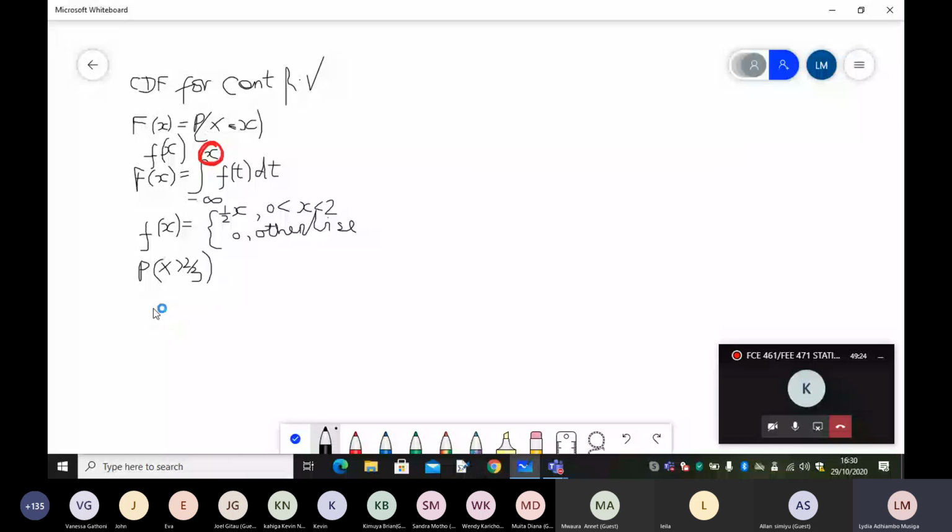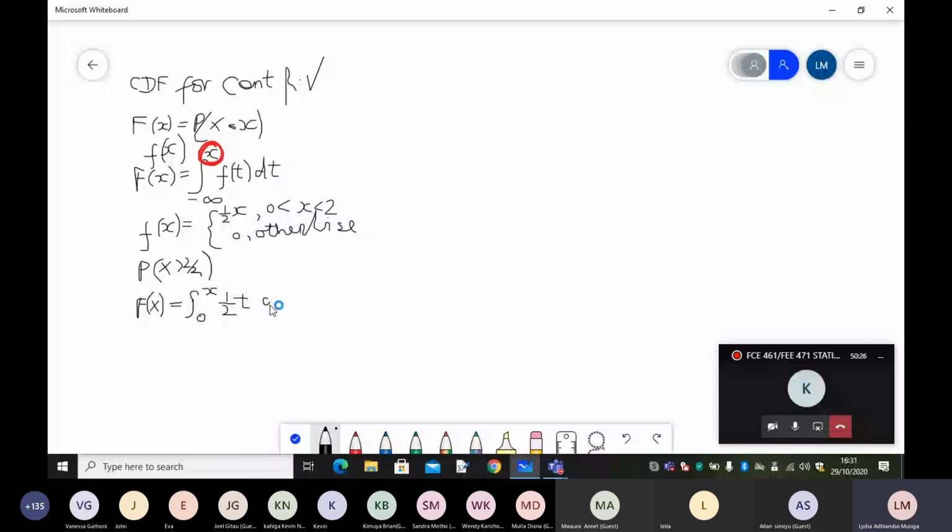Now, to get the cumulative distribution function, we have said that we just integrate from a particular value up to small x, and in this example, we shall integrate from 0 up to x, a half of t dt.